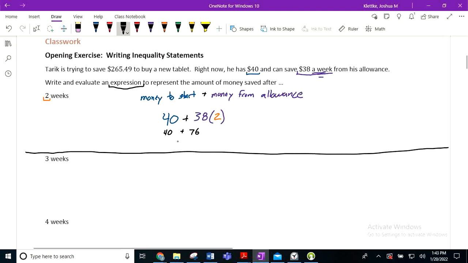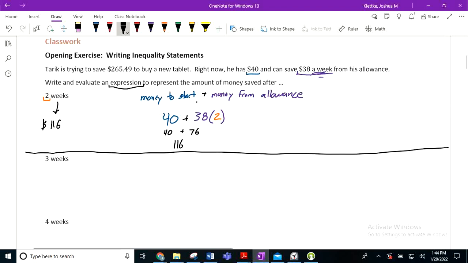And then 40 plus 76 gives us 116. So he has $116 after 2 weeks. We'll just write this little note to make it more clear. So after 2 weeks, that's $116.